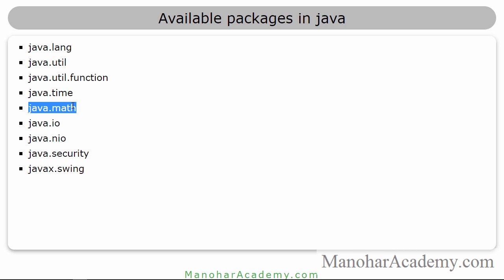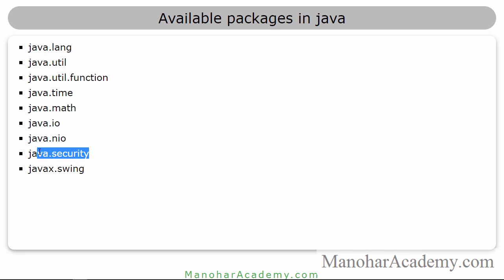Math related library is available in java.math, and IO related operations, like input output operations, are handled by classes available in IO and non-blocking IO, these two packages. So IO is the old one, NIO is the new one. So mostly we prefer using NIO.